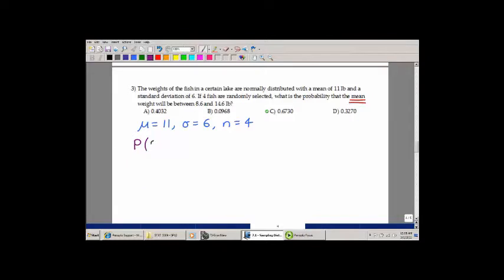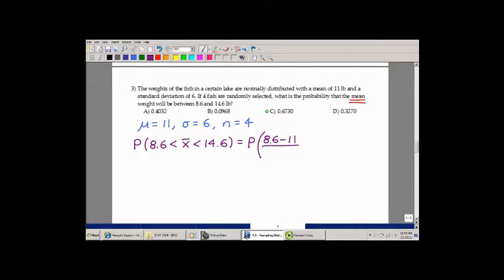So let's write this. We're going to have 8.6 on the low end, 14.6 on the high end. Now we need to convert both ends to z's. So let's do that then. That'll be the probability of 8.6 minus 11.